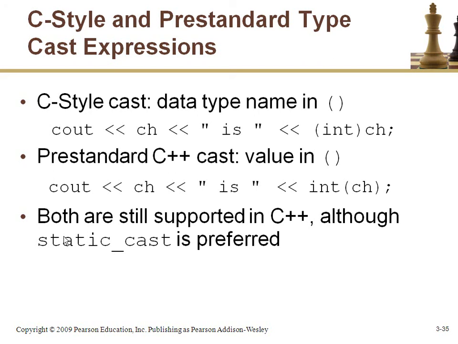In the pre-standard C++ cast, we put the integer type outside the parentheses and the variable inside the parentheses. Both are still valid, but C++ supports and prefers the use of static casting.